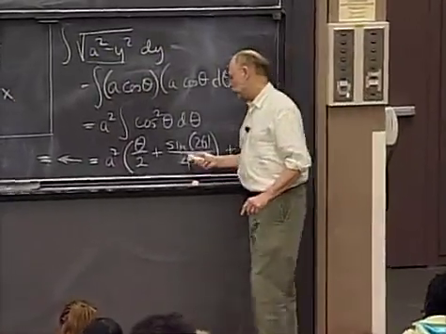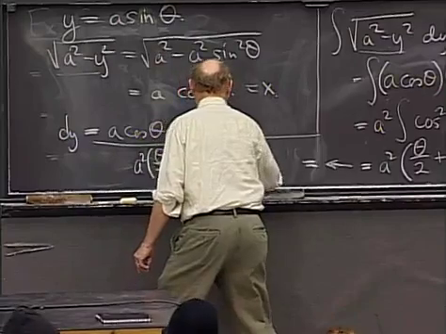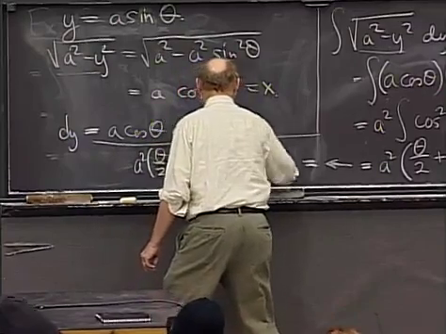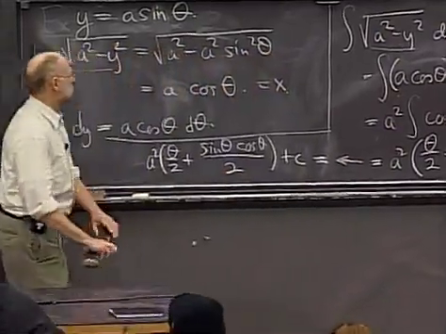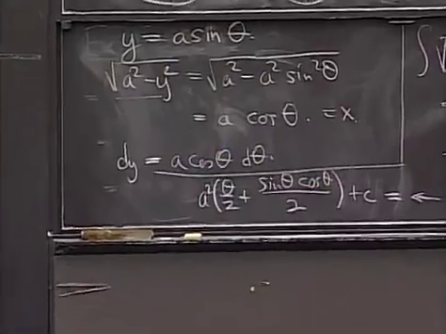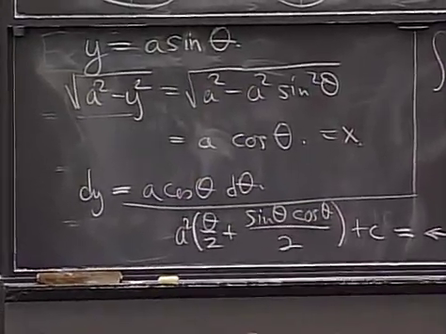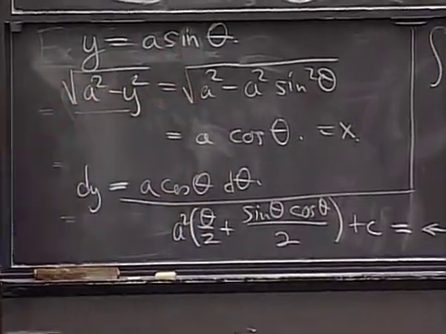And so when there's a 4 in the denominator, what I'll get is sine of theta cosine of theta over 2. I did that because I'm getting closer to the original terms that the problem started with, which was sine of theta.